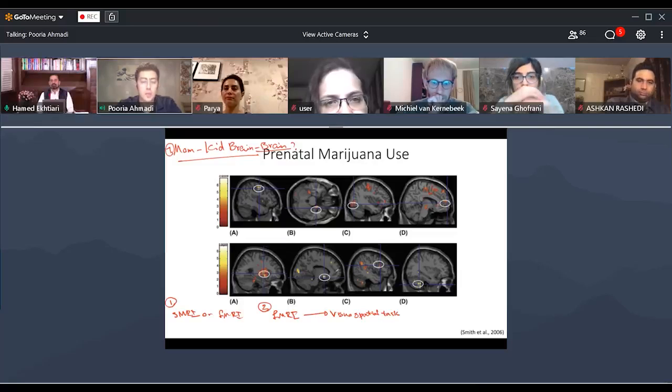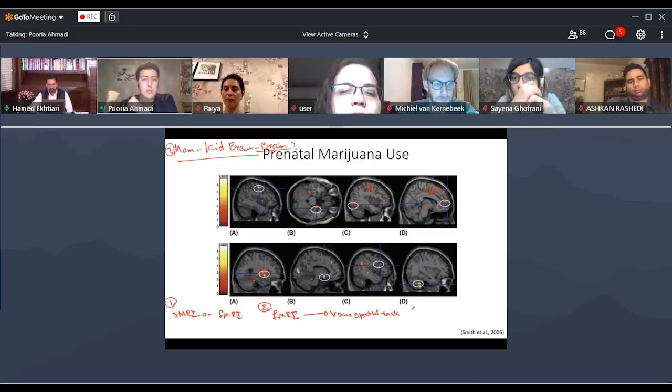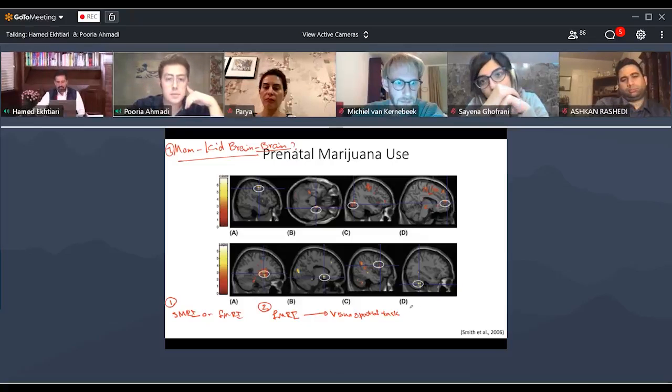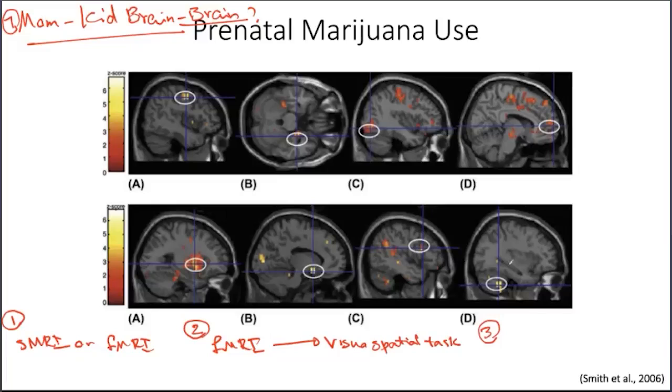Puriya, one more question. I'm going to ask, when was the fMRI or MRI taken? Was it when the child was still a child, or was the exposure in childhood and now it's as an adult and we're checking the adult? Exactly. So the third question would be, how old are they in these figures? Let's say they are 18 years old.